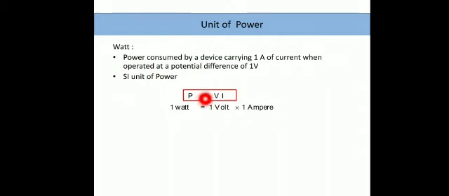So P is equal to V into I, and using Ohm's law, if we do the substitution for I, we will get a second expression, or if we do the substitution for V, we will get a different expression. Fine. So power is 1 watt when potential difference is 1 volt and current flowing through the wire is 1 ampere.